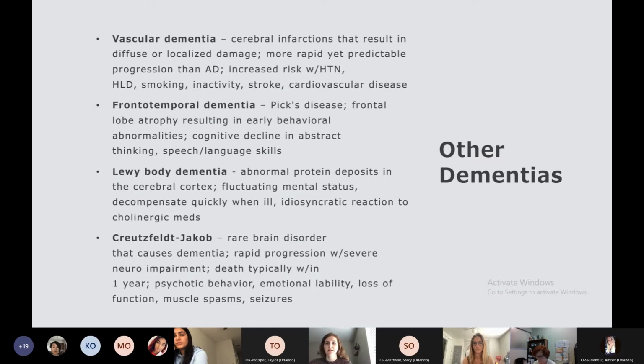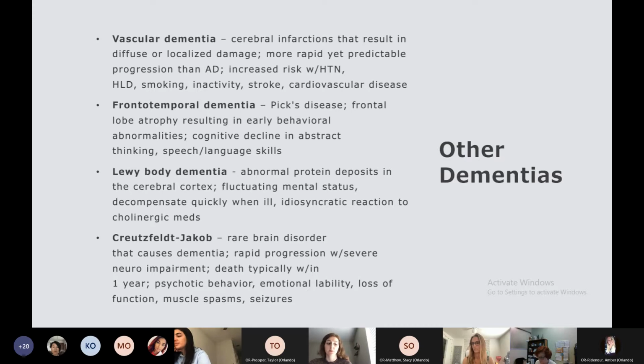So another one on here, it's kind of not a type of dementia, but it causes dementia. And it's listed in the book is, I don't know how to say this, Creutzfeldt-Jakob or Jakob. I think it's German, but it's an extremely rare brain disorder that, like I said, causes dementia.